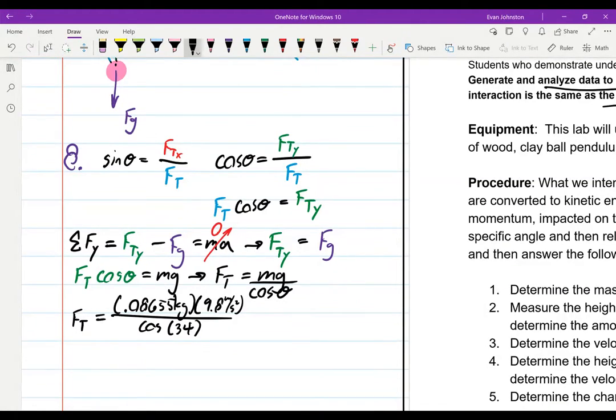And I will grab my calculator. And I get a tension that is quite literally equal to 1.0 newtons. Well, a lot of work for just the number 1.